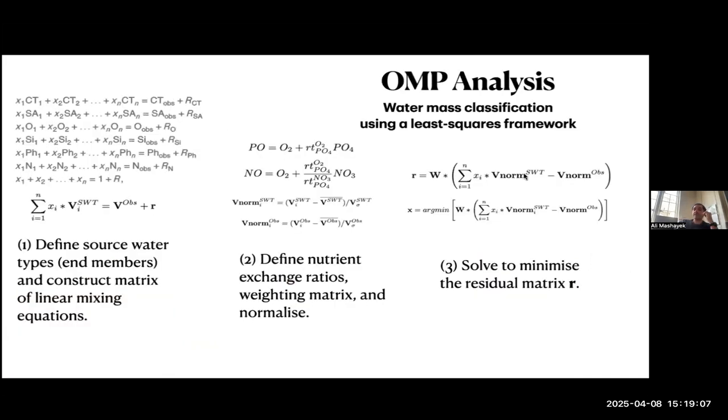So OMP analysis. OMP stands for optimum multi-parameter analysis, and it's, I think, a pretentious oceanographic term for something very simple. So you have waters moving around, and you want to classify the waters, and oceanographers, I would say, have perhaps I shouldn't say it, but I think they have an unhealthy obsession with classifying water masses.